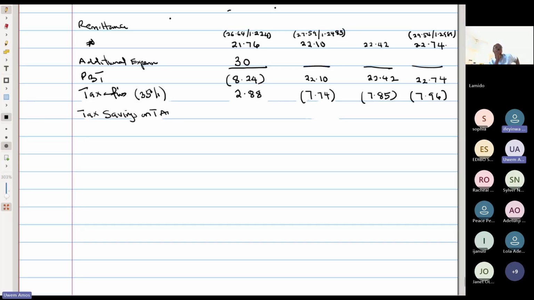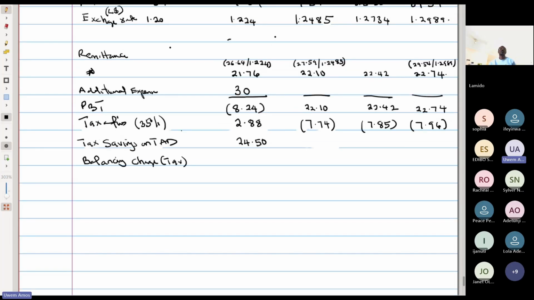So our tax savings on tax allowable depreciation, we have that right, 24.50. We have our balancing charge. Okay, so what's our balancing charge or tax?